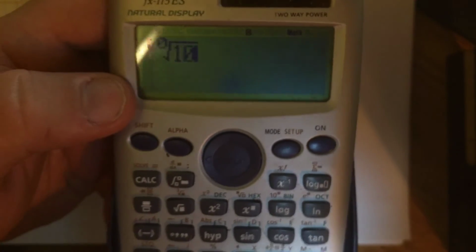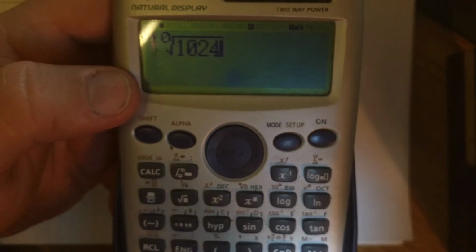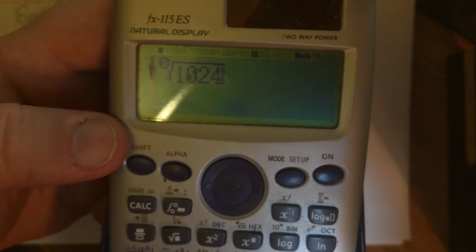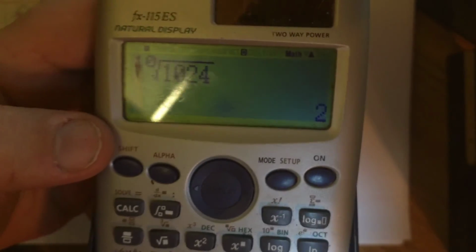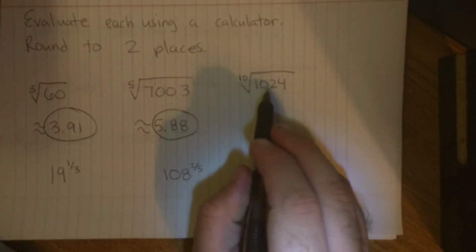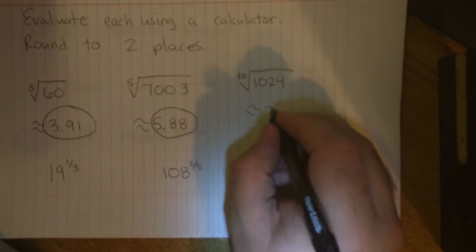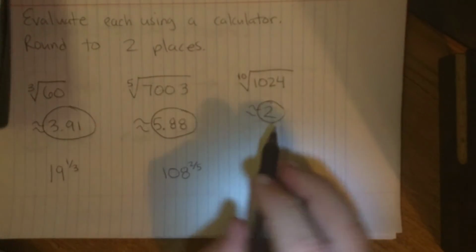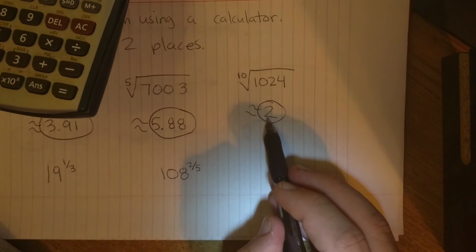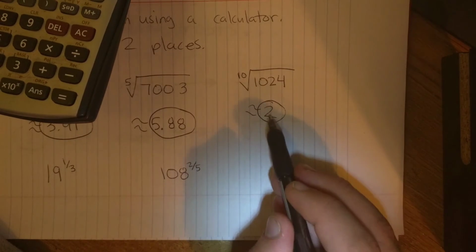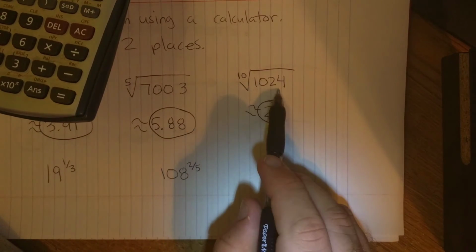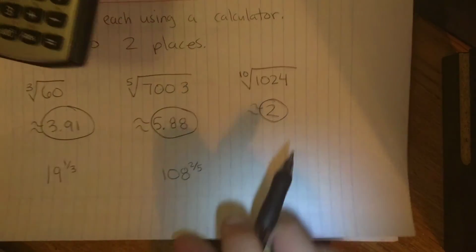Go over here, I'm going to type in 1,024, and let's see what our answer is. We actually get a nice whole number, that's 2. So our answer for this one, the 10th root of 1,024 is 2. Again, what does that mean? It means that if you take 2 and multiply it by itself 10 times, you'll get 1,024. You can verify that with your calculator.